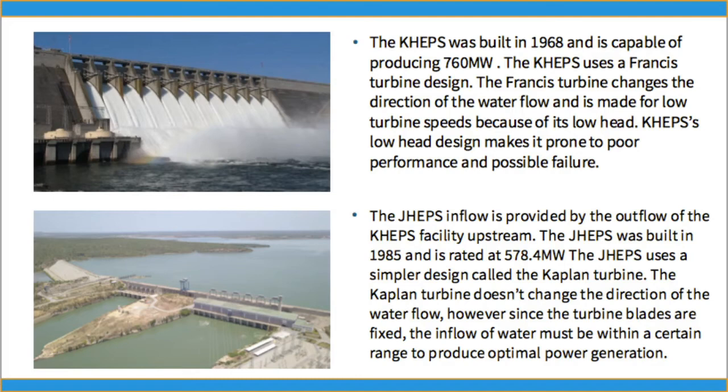It's capable of producing 578.4 megawatts. This one uses the Kaplan turbine. This one is better in that it doesn't change the direction of flow of the water. However, the blades of the propeller are fixed, which isn't the best. So both of the facilities have their design flaws, but you get what you get. Still, we're going to try to maximize the power generated using these two systems.